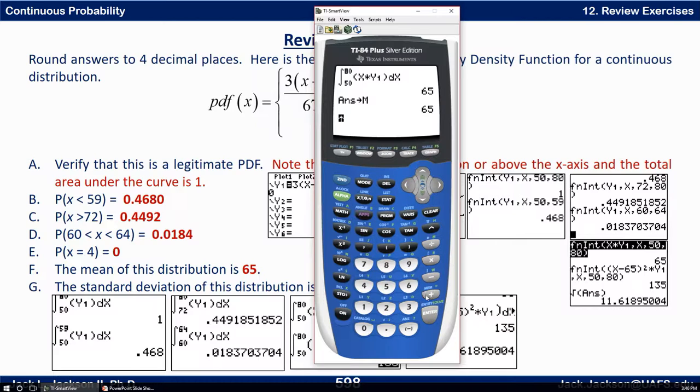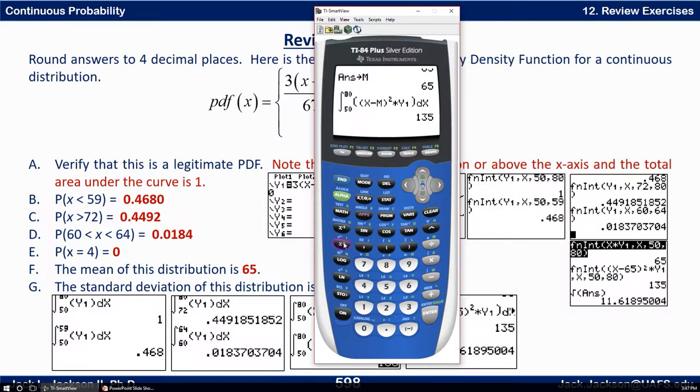Now I'm going to go back and hit second Enter a couple times to get that formula to come back up. And I'm going to replace this with parentheses. Now I'm going to insert x minus that mean, alpha m, close parentheses, square. And if I do this, this will be the variance.